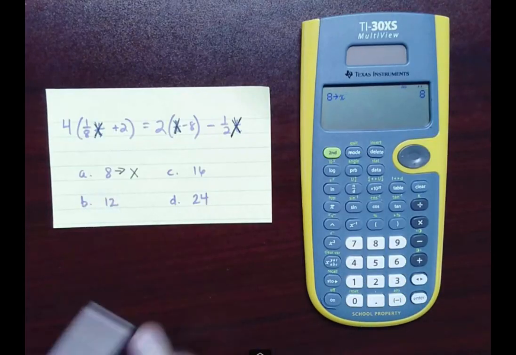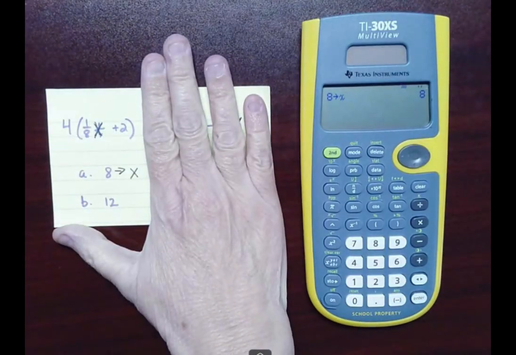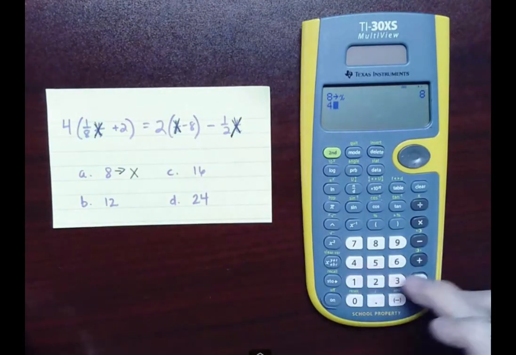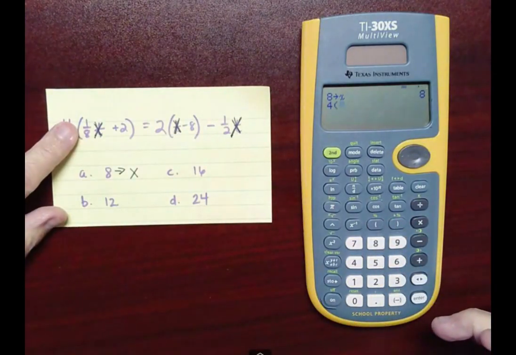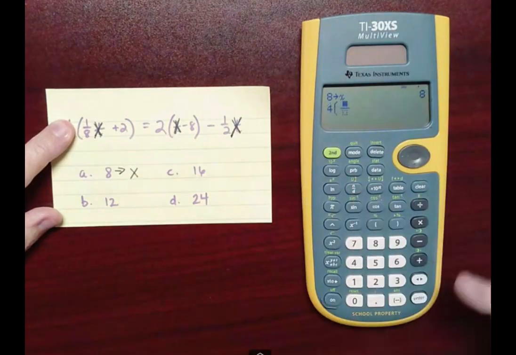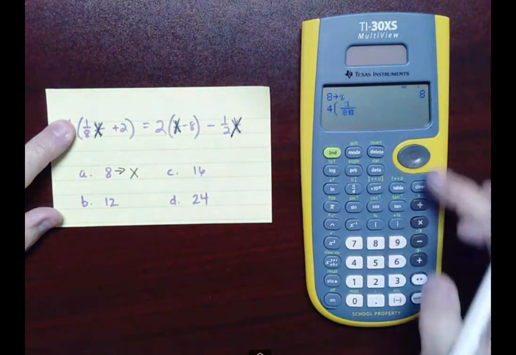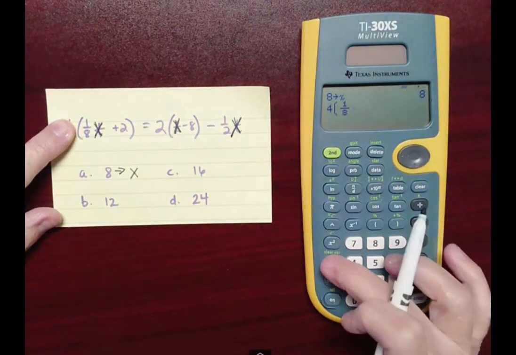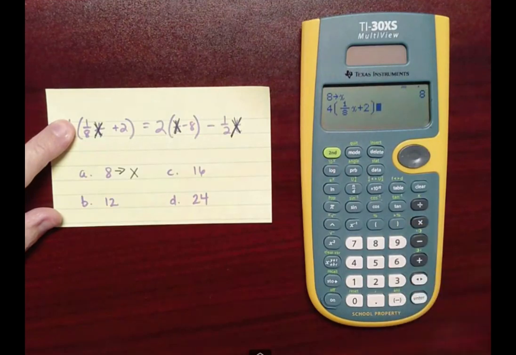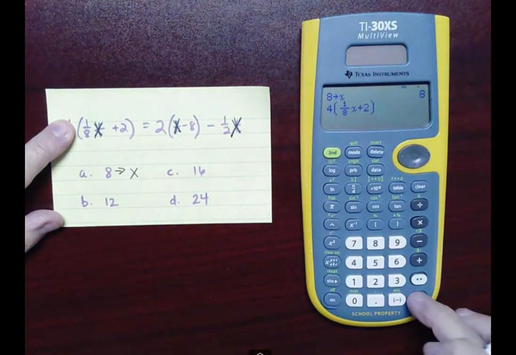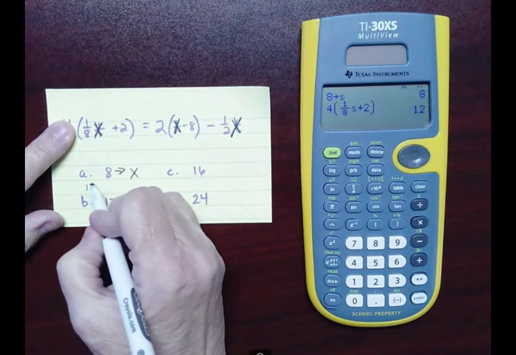I'm going to type in the right side. Actually, I'm going to start with the left side. 4 parentheses 1/8 x, fraction, 1 on top, 8 on the bottom, x plus 2. Close my parentheses. Hit enter. I got 12.